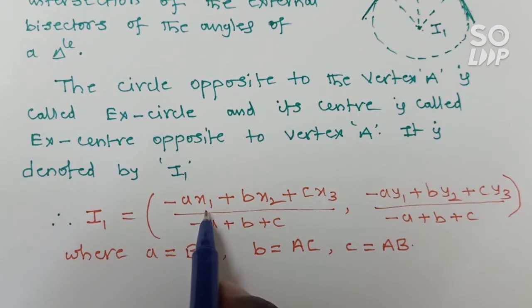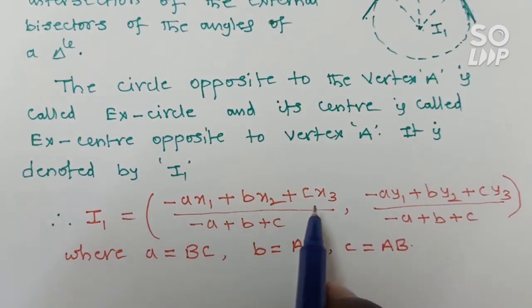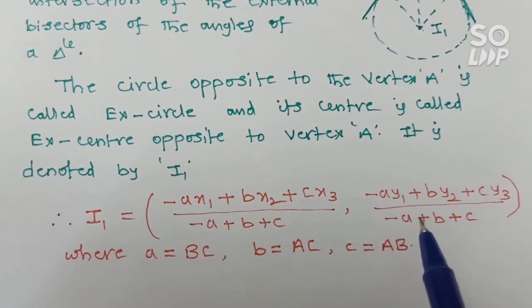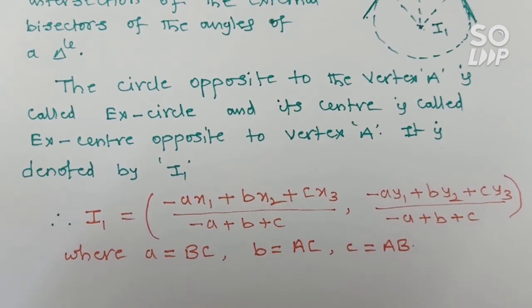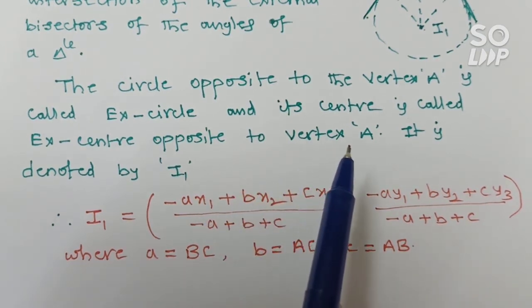What is meant by x1, x2, x3, y1, y2, y3? These are the coordinates of the vertices of the triangle. In depth, we can see this concept again in solutions of triangles or properties of triangles. First of all, in the geometrical concept, you should know the definition of excenters.